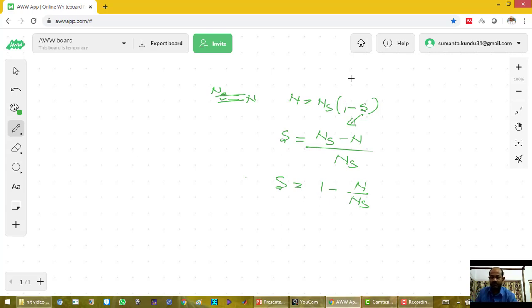Now the backward rotating field is rotating in the anti-clockwise direction, so the speed will become ns minus minus n.